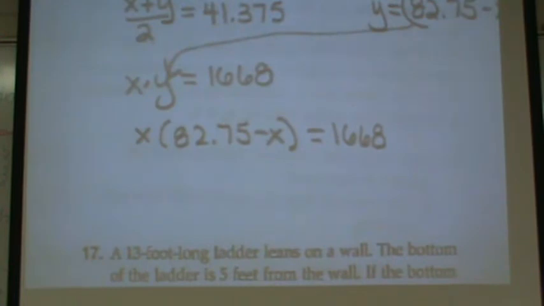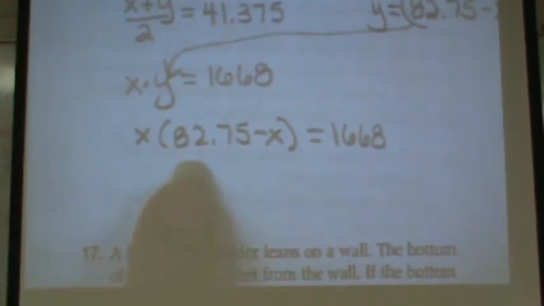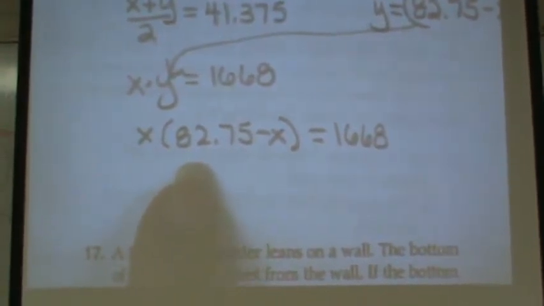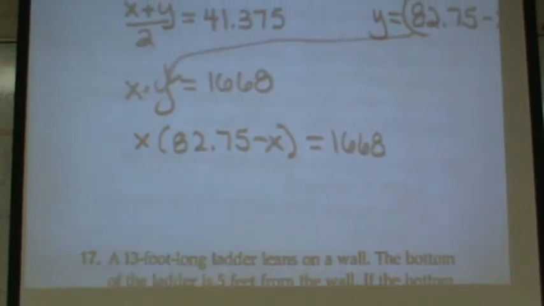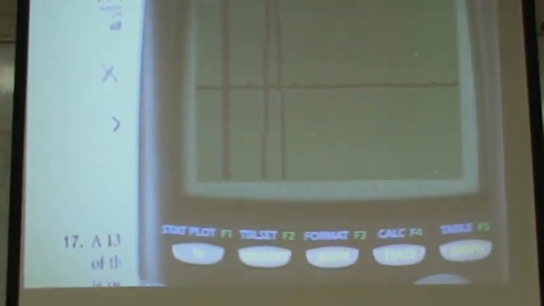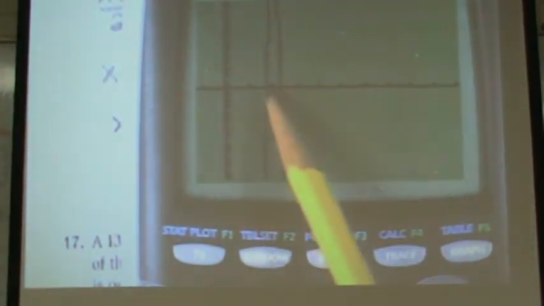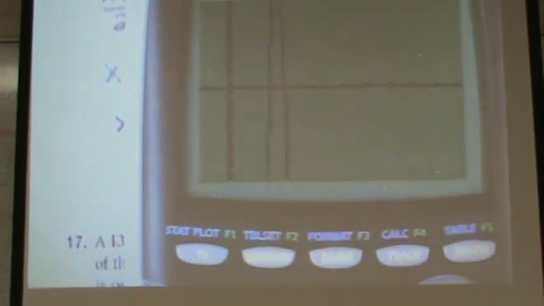Using your graphing calculator, I would just type this in: x, and then parenthesis 82.75 minus x, and then minus 1,668. Hit graph. Here's my picture, and these are the two numbers, you want to find these two solutions.